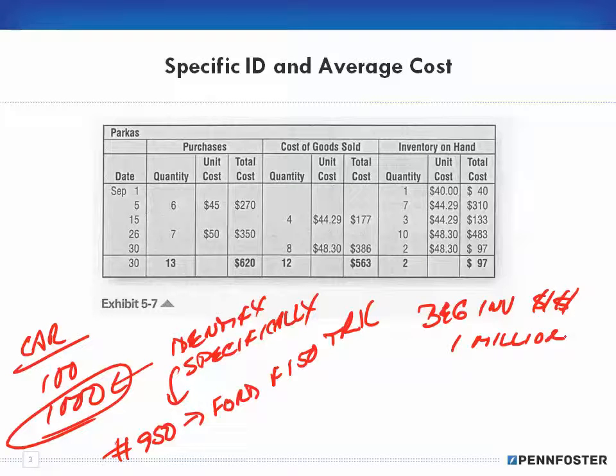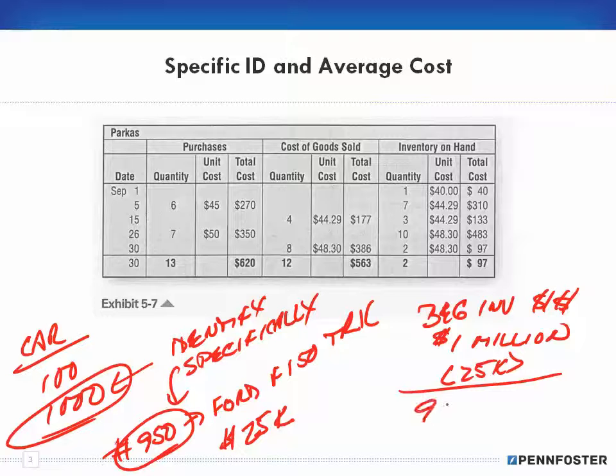Now, when somebody comes on the car lot and buys this Ford F-150, and let's say we bought it from Ford, the manufacturer, for $25,000, when that leaves our car lot, we take the 25,000 out of the 1 million, and now we know the value of our inventory is 975,000, because we're able to specifically identify that particular vehicle.